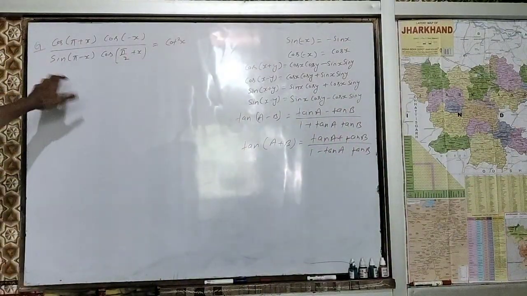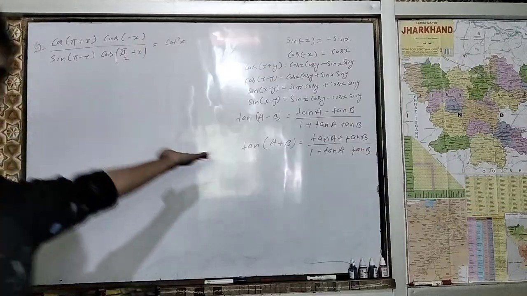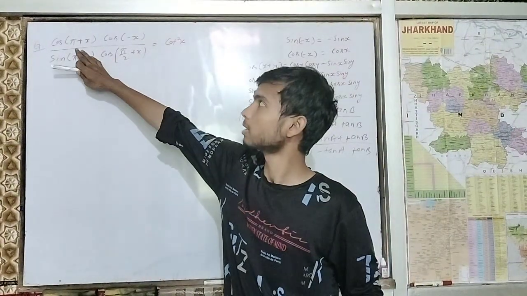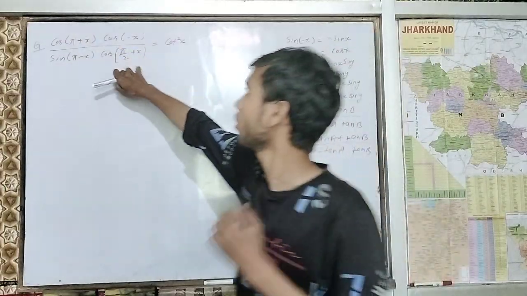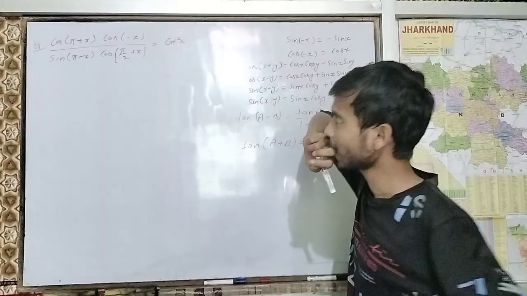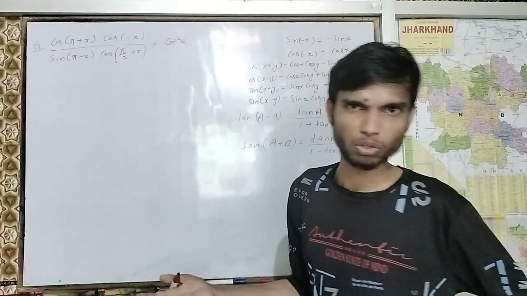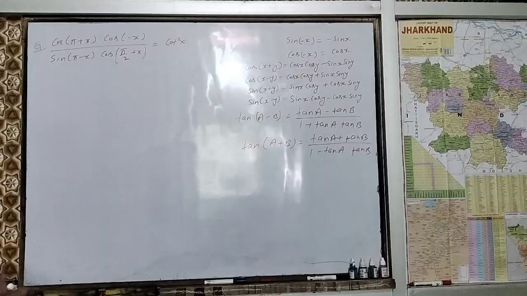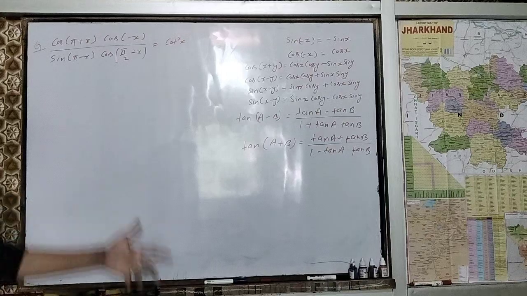Here there is cos(pi plus x), pi plus x. There are two angles. First is this angle. It is determined that the function of this would be as it is, because the first angle is 180 degrees. Okay. So here, what about the sign?